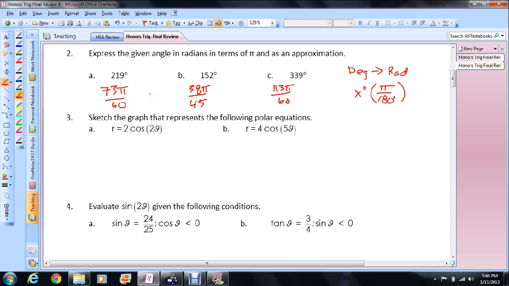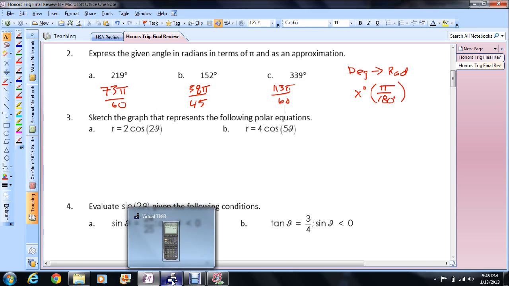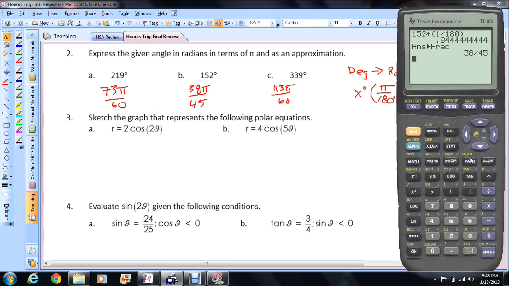And I'll also ask for the decimal approximations. So if we go into our calculator and just plug in 73 pi divided by 60, we get 3.82, so you can jot that down or check to see if you had the right answer.